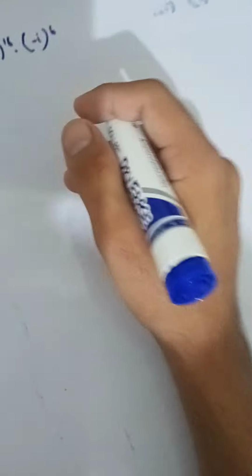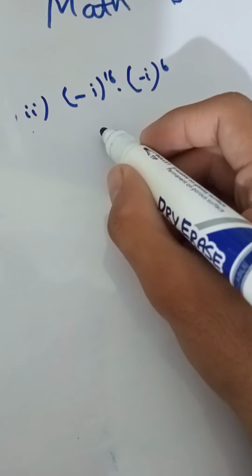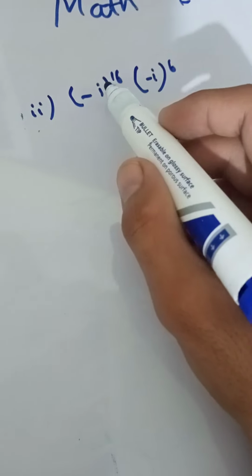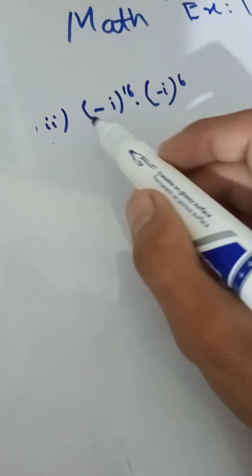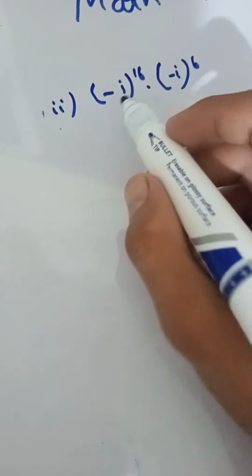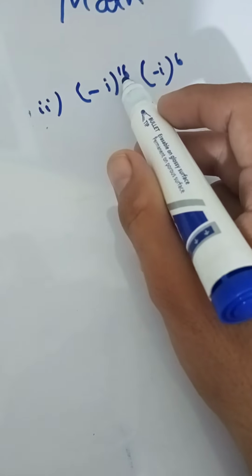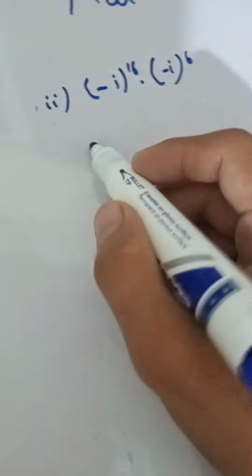Okay, now let's do another question. So here iota power 16. Now see, the power is outside the bracket, which means the power is on the complete value inside the bracket, which is minus 1, and the power is even, so it will directly cancel the minus.